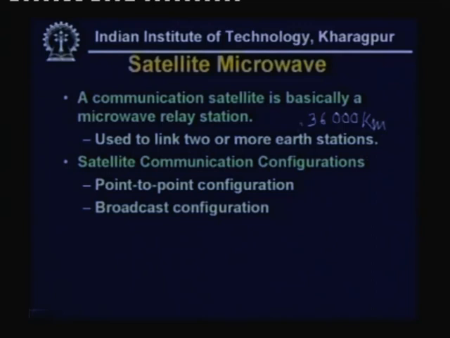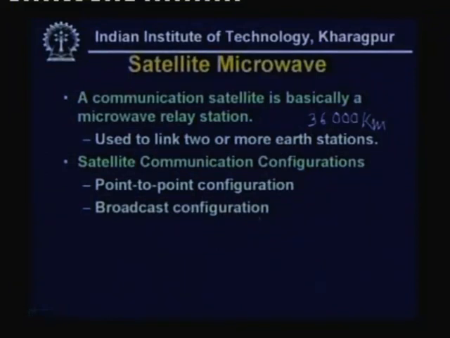As we shall see later, this will allow us to cover a very large distance. With the help of this microwave you can link two or more earth stations. There can be two earth stations, and essentially that antenna in the sky, the satellite, will be acting as relay station.